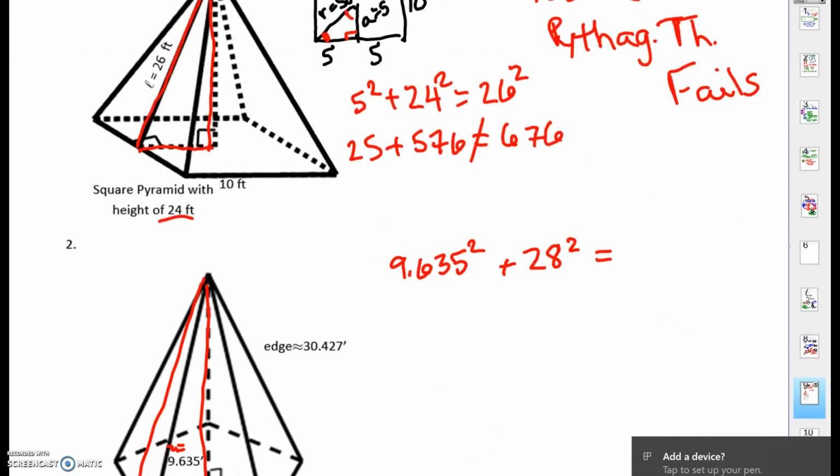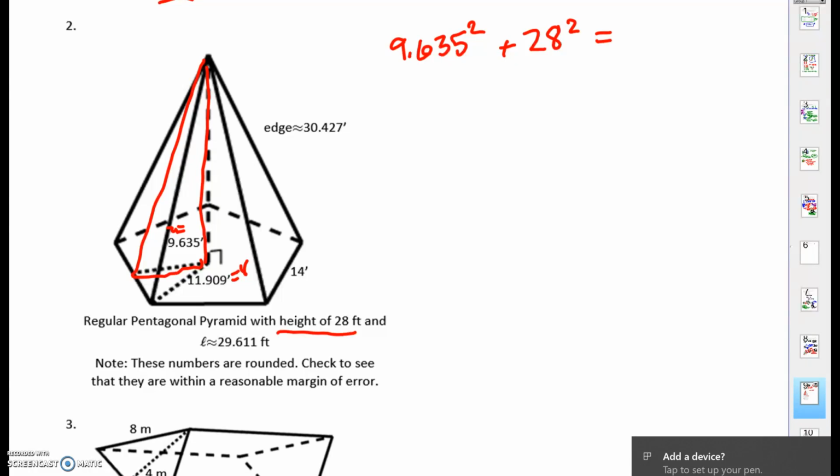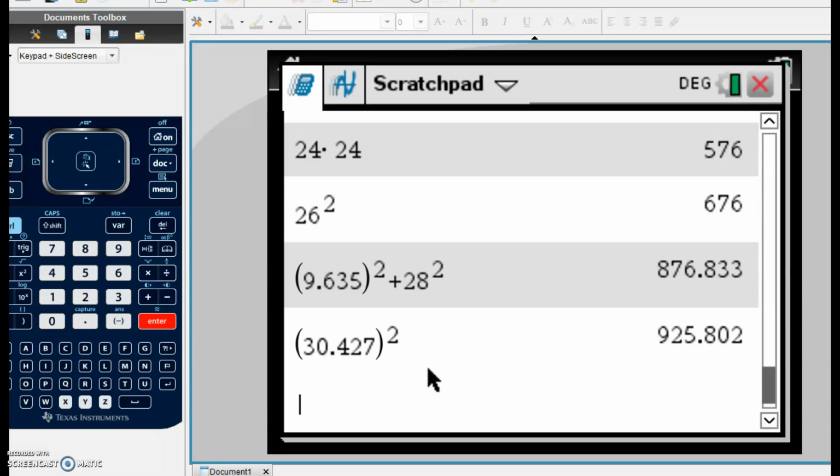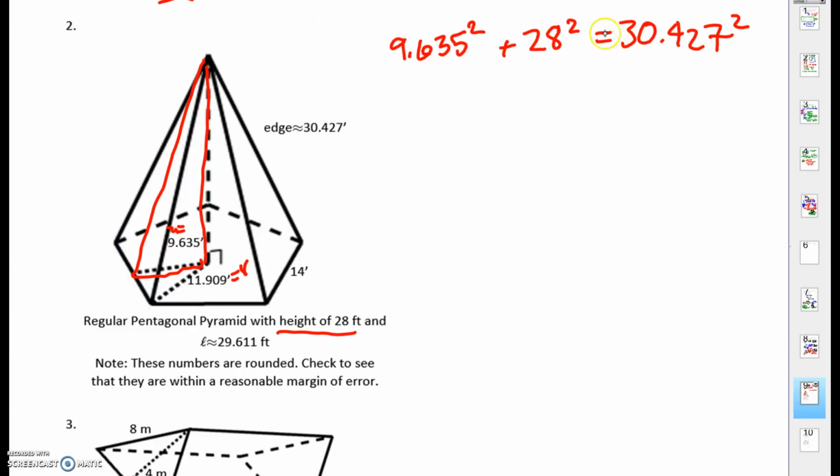Does that equal 30.427 squared? So we're going to plug those into our calculator. Well, when I plug it into the calculator, I get that 9.635 squared plus 28 squared is 876.833, whereas this guy is 925.802. These do not match, and they're not even within a reasonable amount of difference. So they are not equal. So this guy is not feasible. Love it when it's easy like that, right? Not feasible because Pythagorean theorem failed.